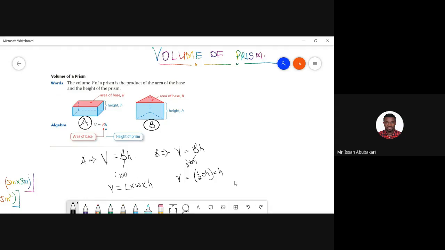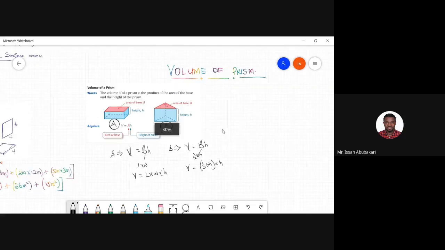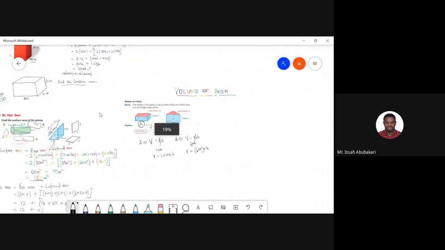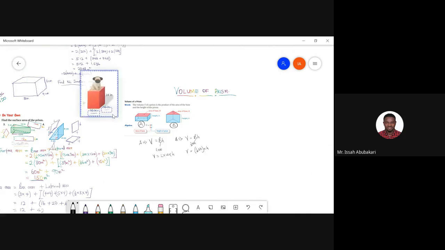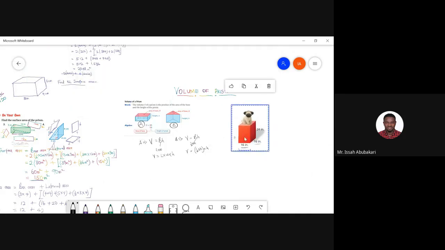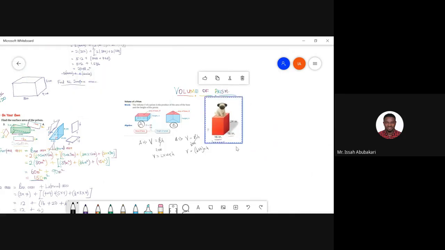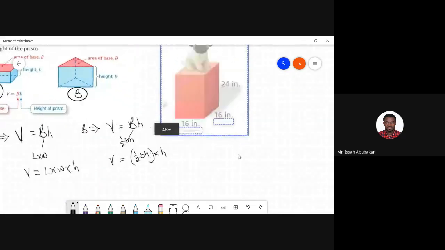If we have something like this, let me take one figure from here. We solve this one. Let's copy this example. With this, we are going to solve the volume of this.